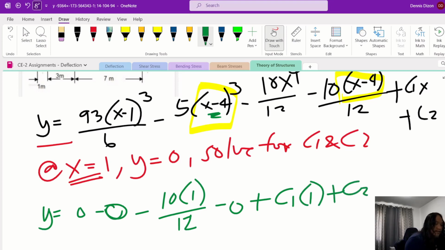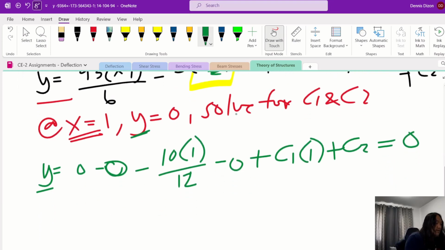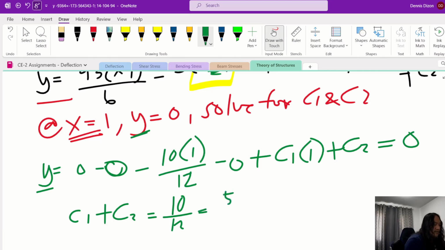The total equation will be 0 because y is equal to 0. So we have our first equation, C1 plus C2 is equal to, transposing, 10 over 12 or 5 over 6. So that is our first equation.